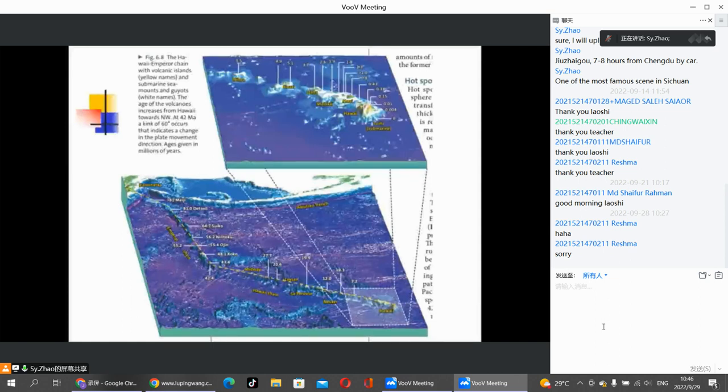Notice that it's the tallest mountain on Earth measured from its base, not from sea level.